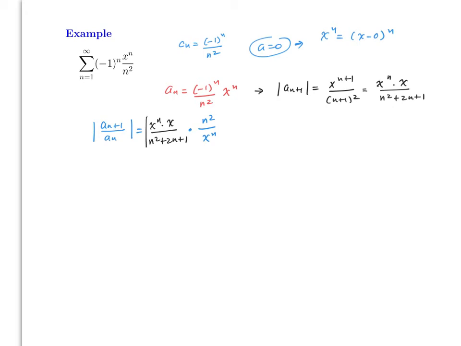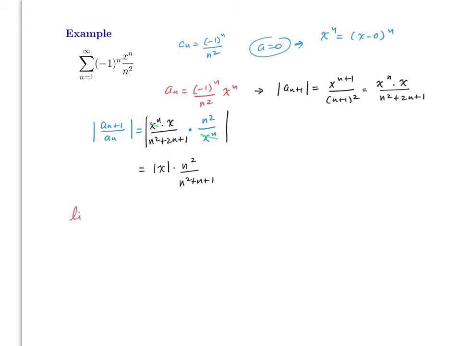Remember that all of this has the absolute value. In this case, this will cancel, and don't forget that we are taking the limit with respect to n, okay? So x for now is technically a constant, and this is what you have. You don't need the absolute value for n because n is always positive, okay?